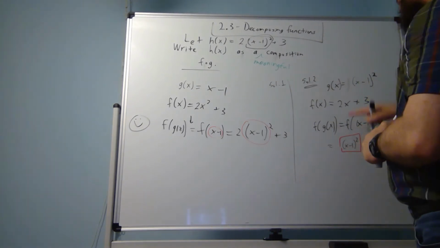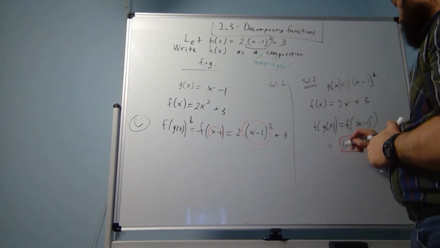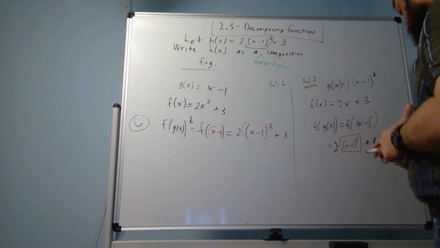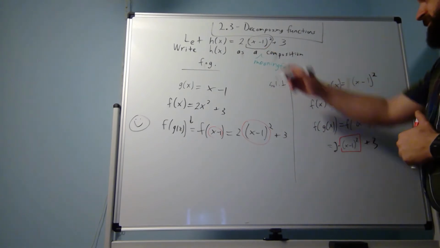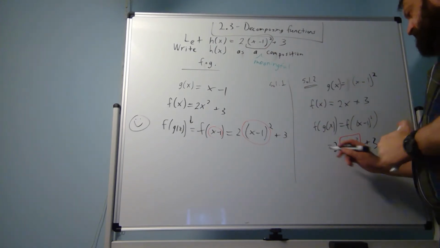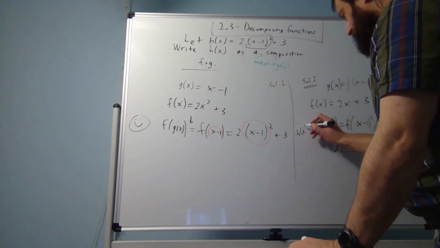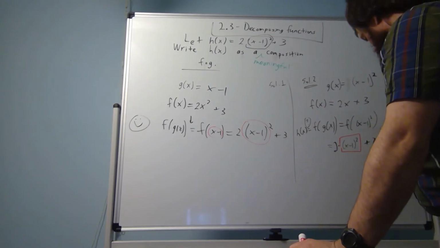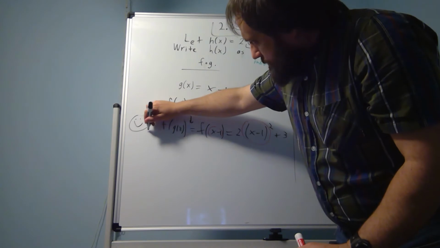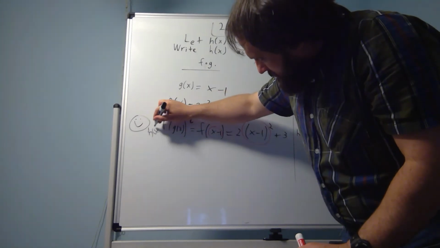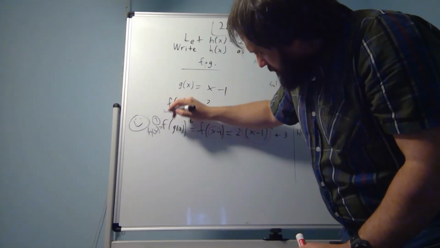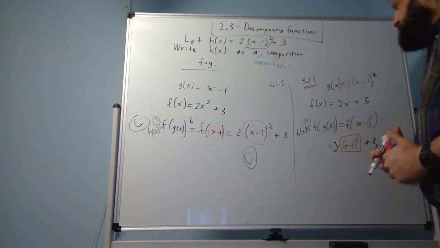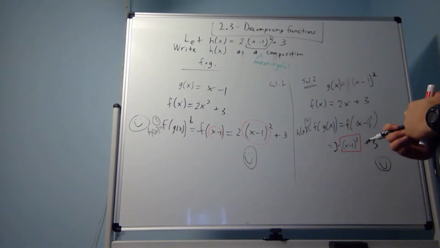So f, that is playing the role of the input, but what do we do? f takes twice the input and adds 3. So is this h of x in both cases? Those are all perfectly valid.